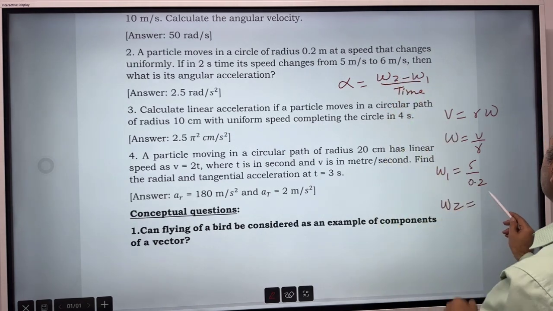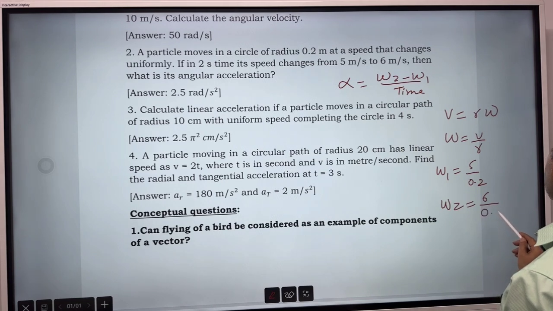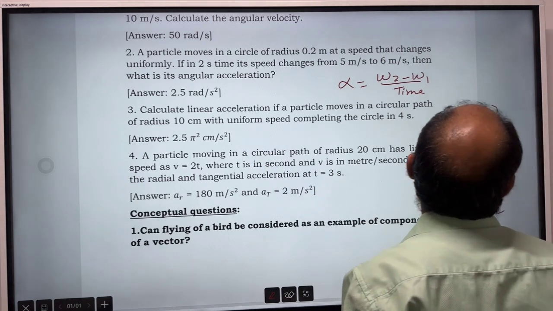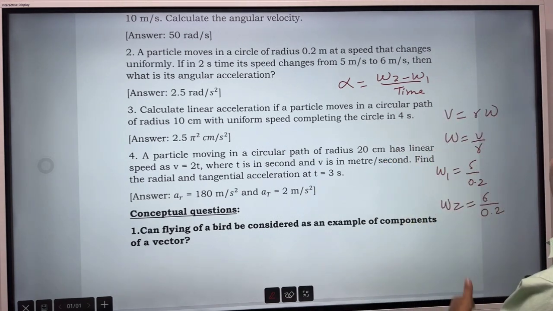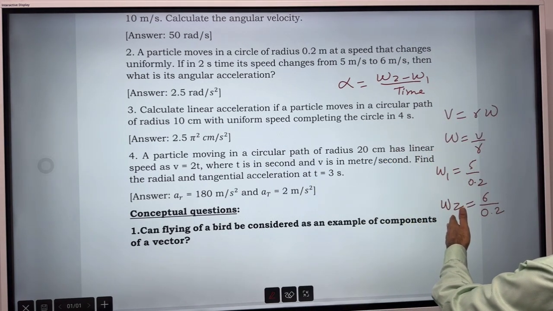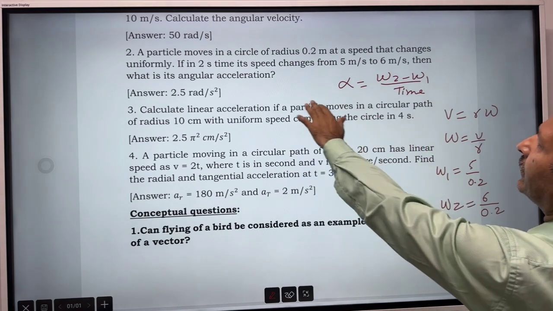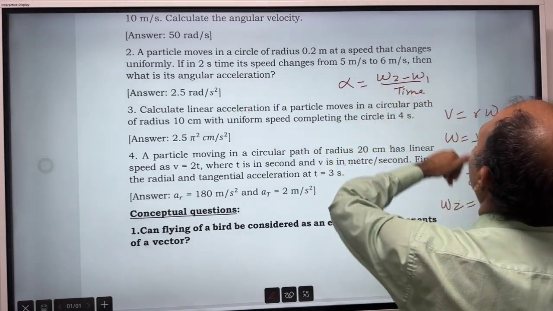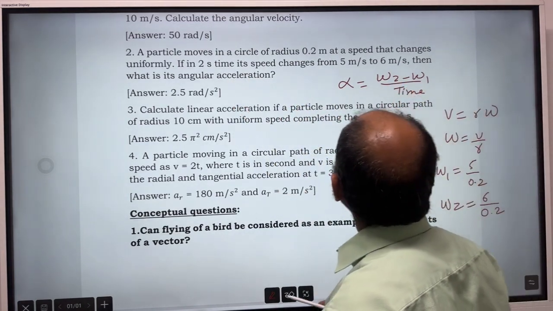So velocity is 6 divided by radius is 0.2. So we have got the values of omega 1 and omega 2 and time is given 2 seconds. We put that value here to get the answer.